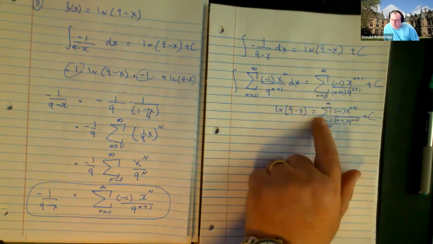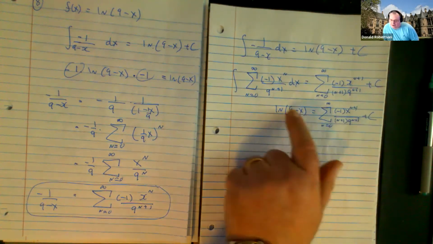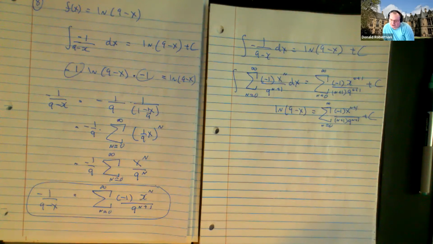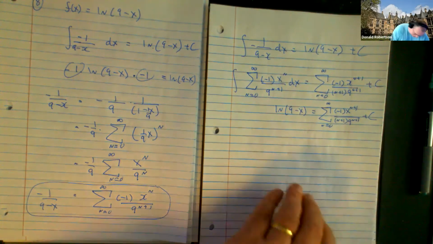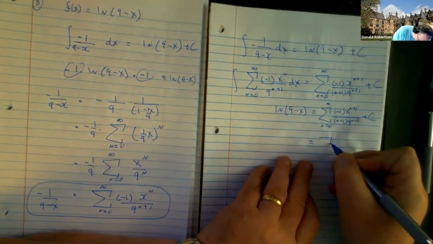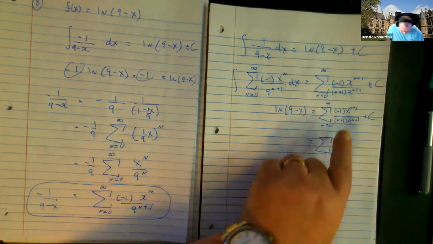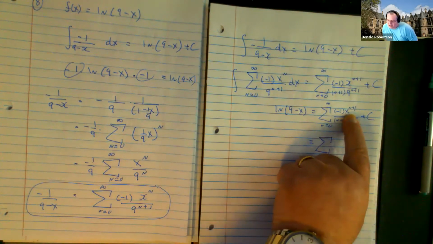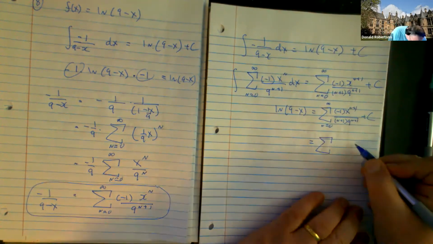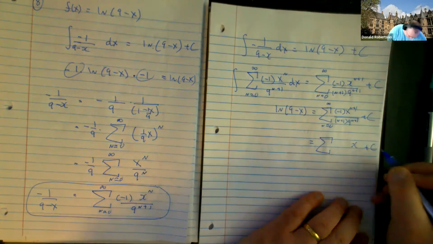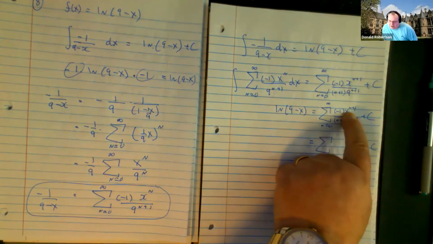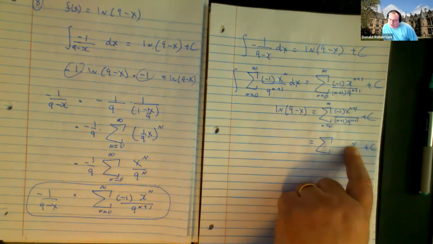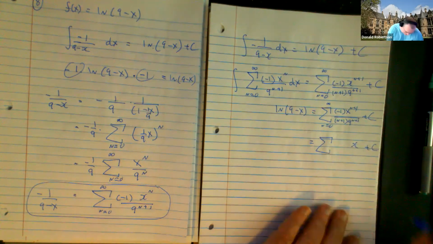We got this. And this is the power series for the natural log of 9 minus x. But there are some style points to it. Don't we want an x to the n here if we can make it happen? Right, x to the n plus 1 is going to become x to the n.